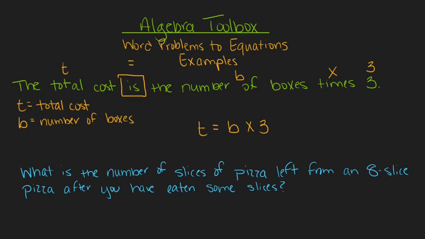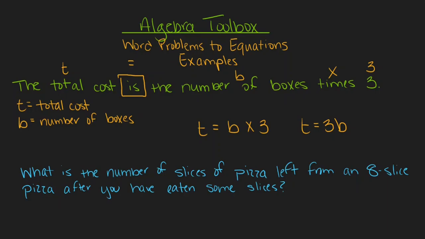So I could also rewrite this as T equals 3b. It's still showing multiplication between the 3 and the b. I've just written it in more of an algebraic way. No matter which way you want to represent it, both of these equations are accurate representations of the word sentence that we began with. Let's take a look at the second example.